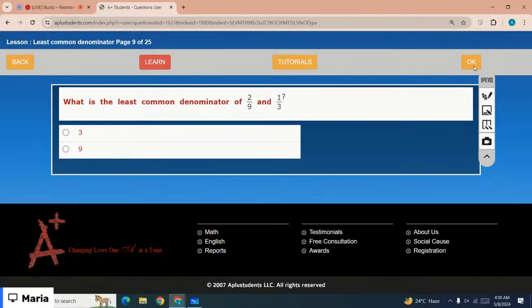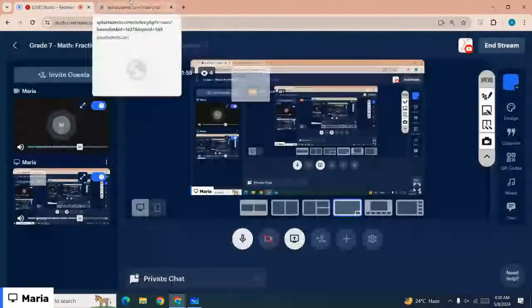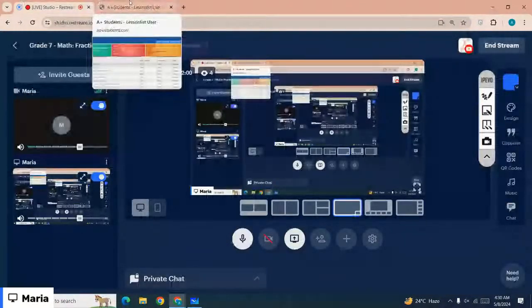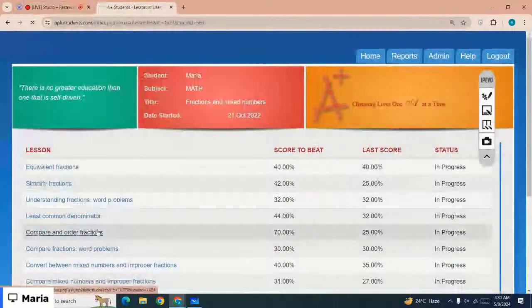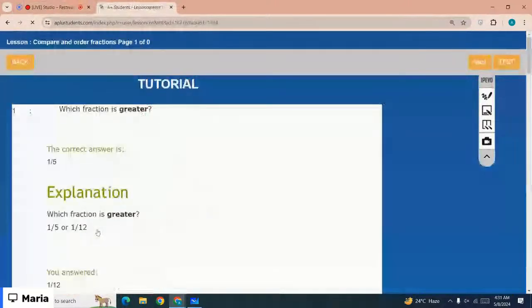The correct option is 9. Okay, you can complete the lesson by yourself later today. The next lesson is compare and order fractions. Okay, let's just start with the test questions.